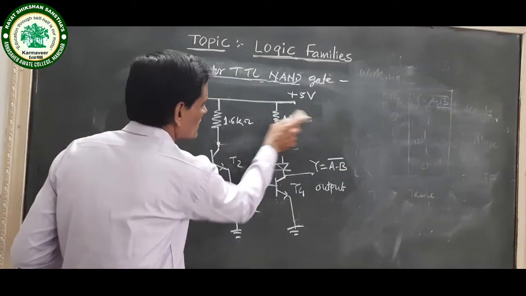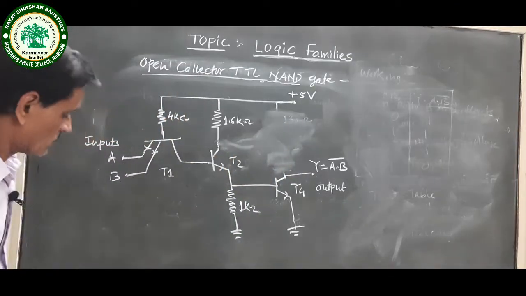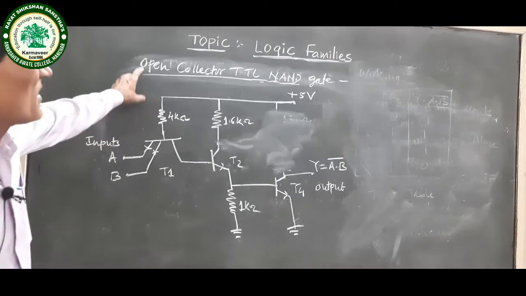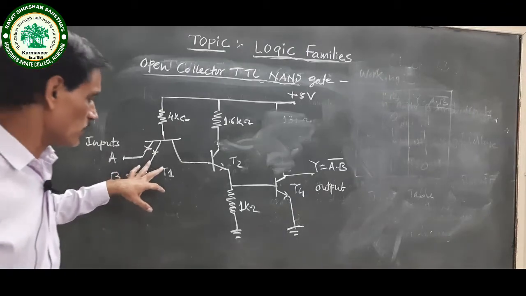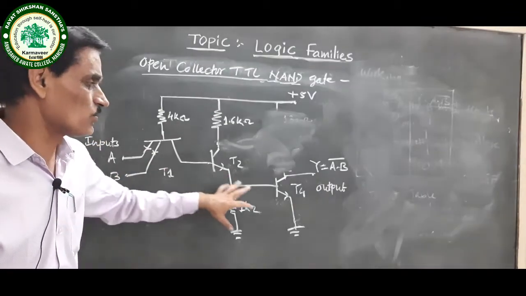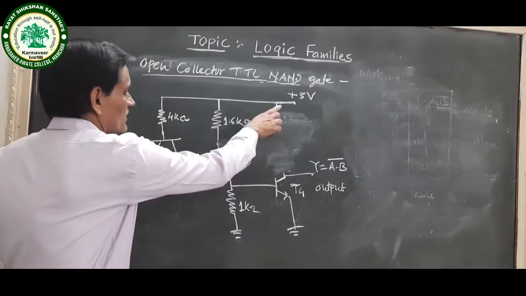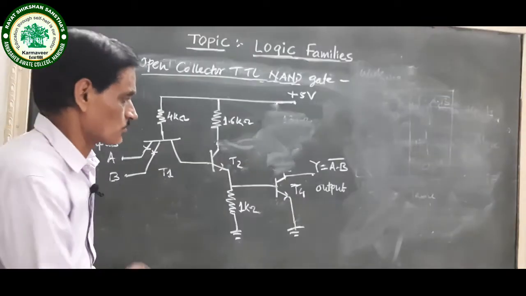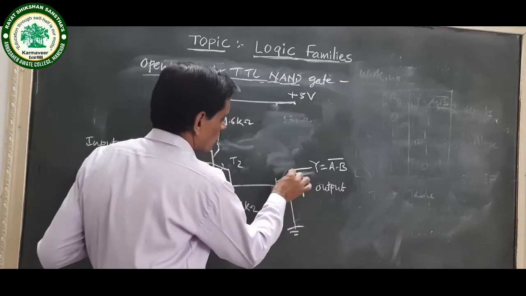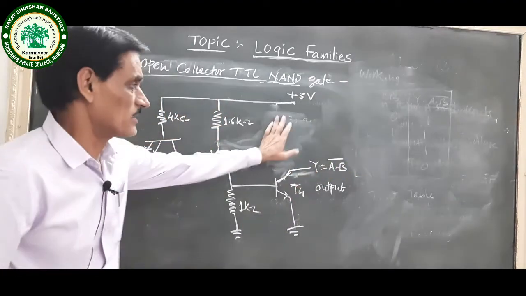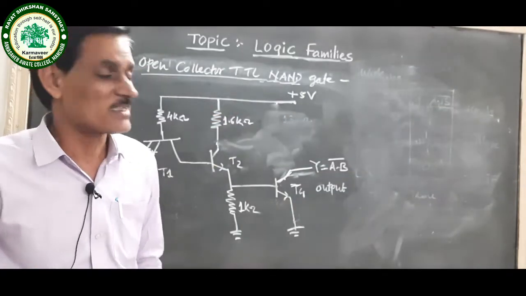Just by removing this T3, the circuit you get is nothing but an open collector TTL NAND gate. It only uses 3 transistors, T1, T2. Here I have labeled it T4, but it is actually T3. The other transistor is absent, not used. The collector of T4 is open, not connected anywhere. Therefore, the device is known as an open collector TTL NAND gate.